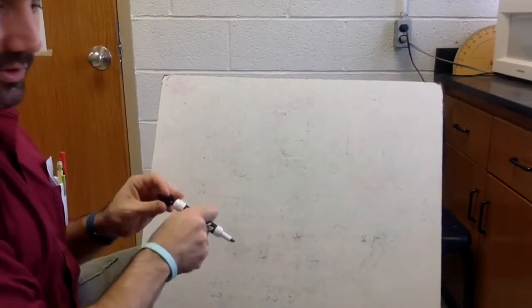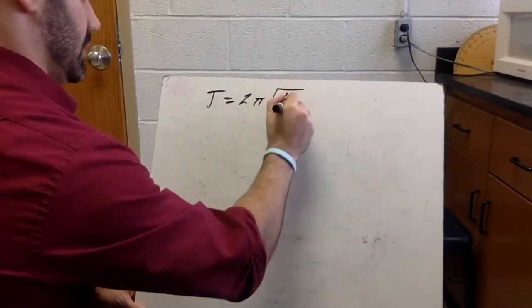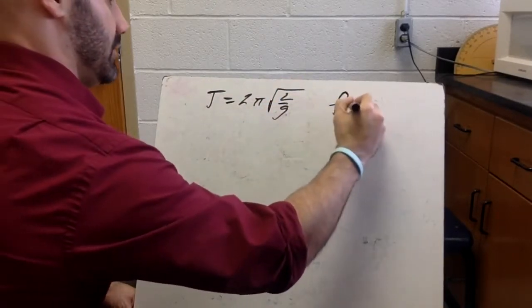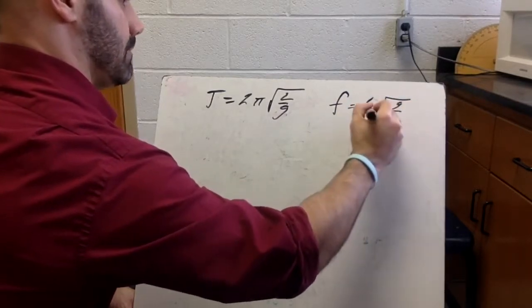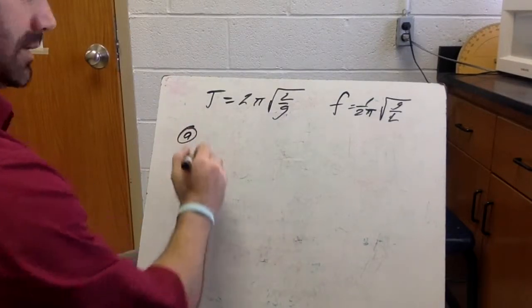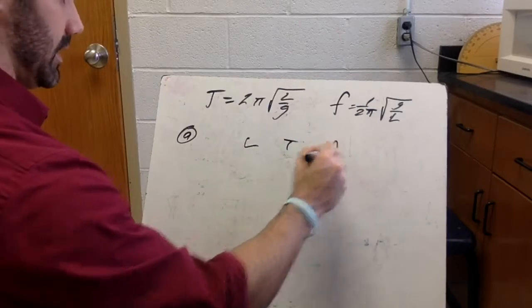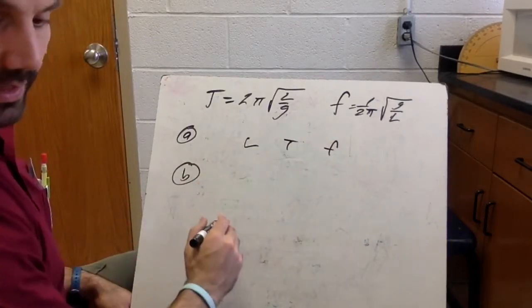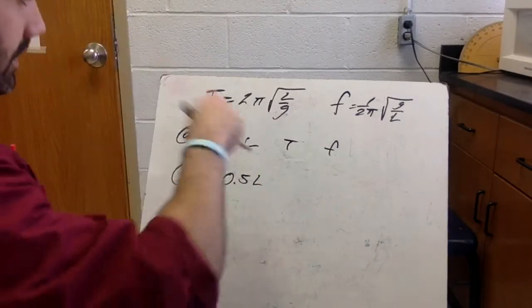Right. Again, our relationships here: T equals 2π root L over g, and f is 1 over 2π root g over L. All right, so for A, L, T, and then f. For B, if I have half the length of the pendulum, how is that going to change this?